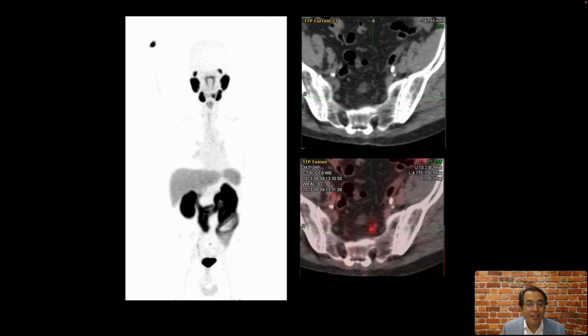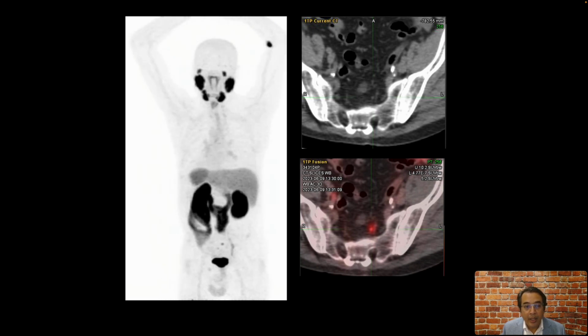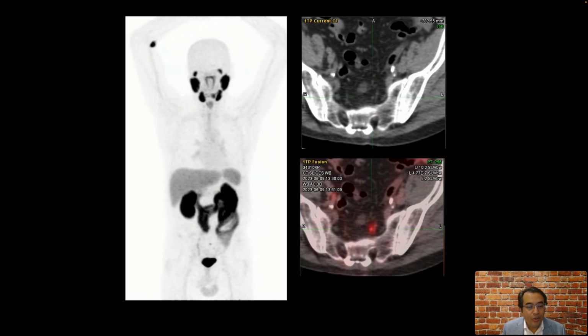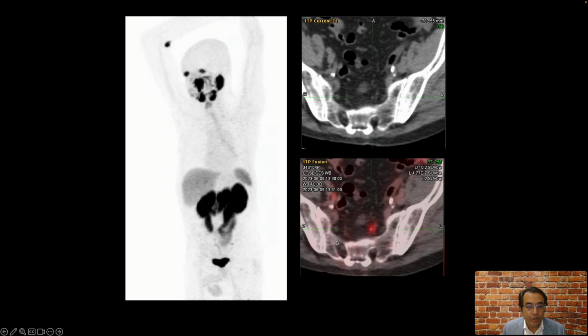So this patient underwent a prostatectomy and soon after that presented with rising PSA. And so a F18 PSMA PET-CT was performed. Here's a rotating image. On this rotating image, we see physiologic distribution of the tracer and a focus of abnormal uptake in the pelvis.